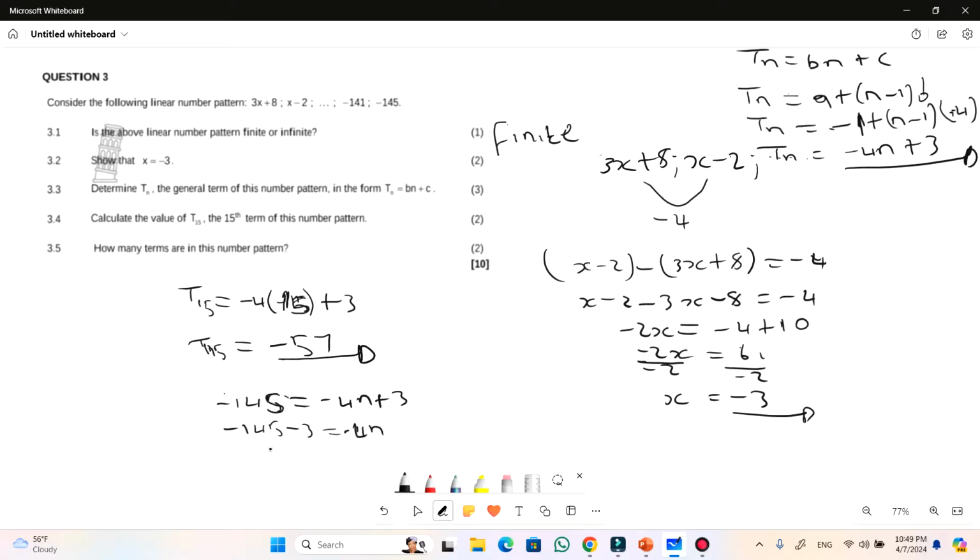Then here we'll have negative 148 is equal to negative 4n, and then we divide by negative 4, and the value of n now is 37.